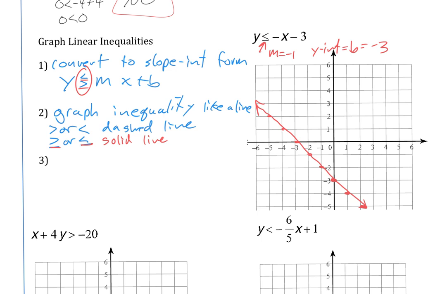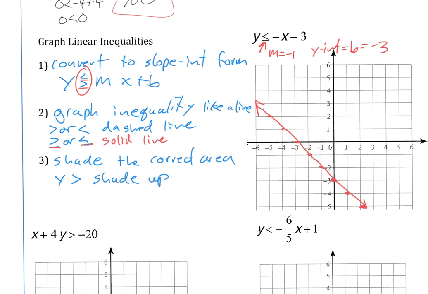All right, we've graphed the inequality line. Now, there's one last step, and that is to shade the correct area. Well, here's the beauty of it being in slope-intercept form. If you have y is greater than, you're going to shade up.